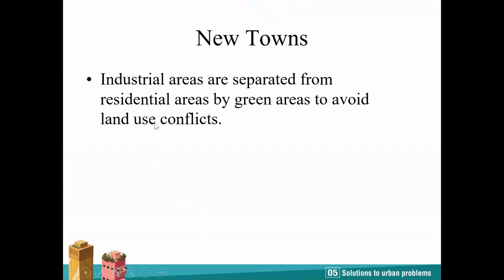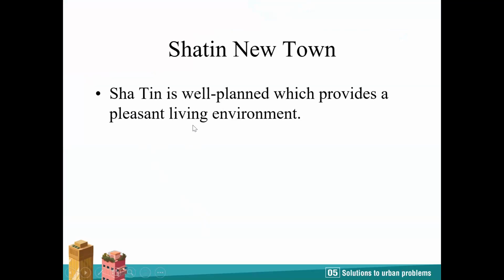And then the government can also separate industrial areas from residential areas by green areas to avoid land use conflicts. For example, Shatin is well planned, which provides a pleasant living environment.